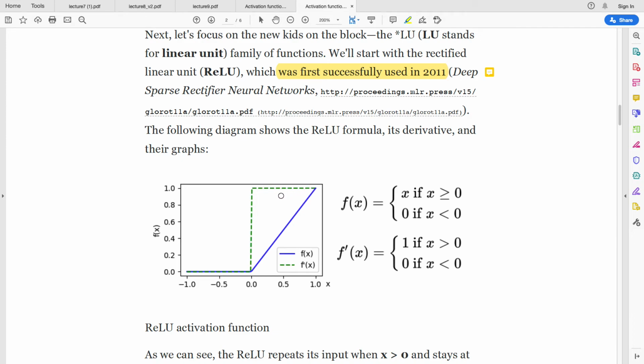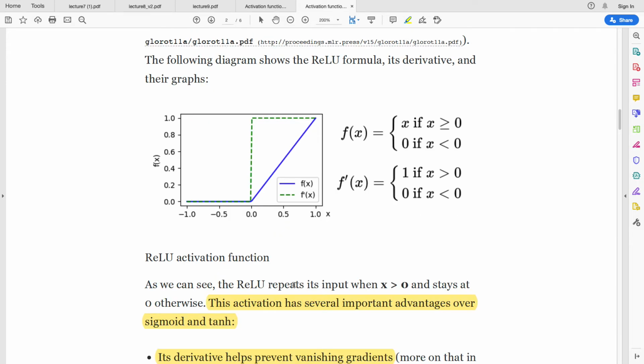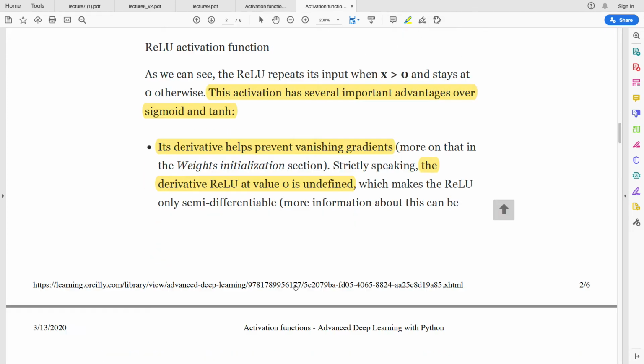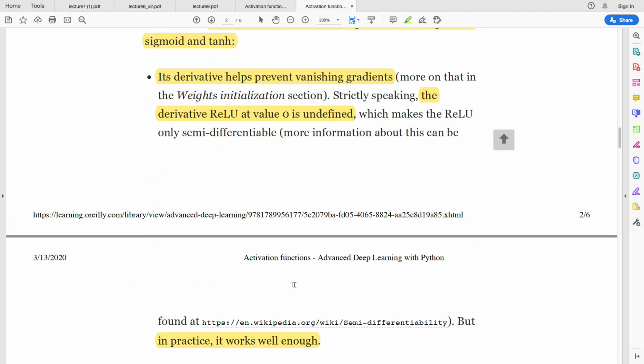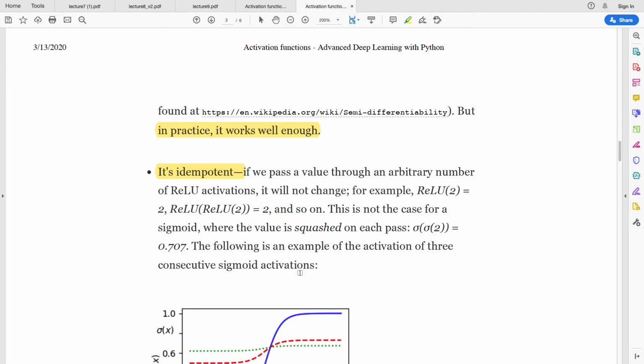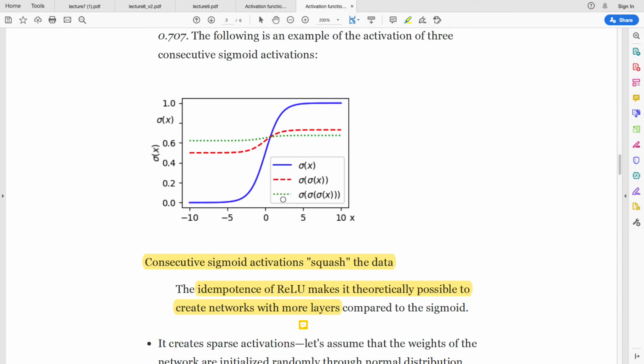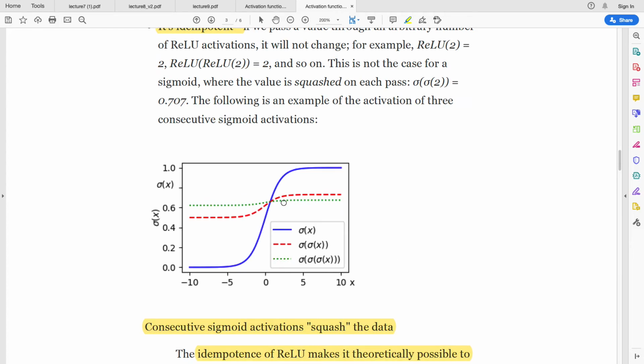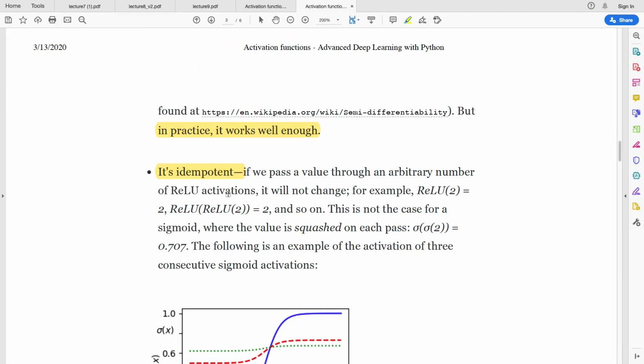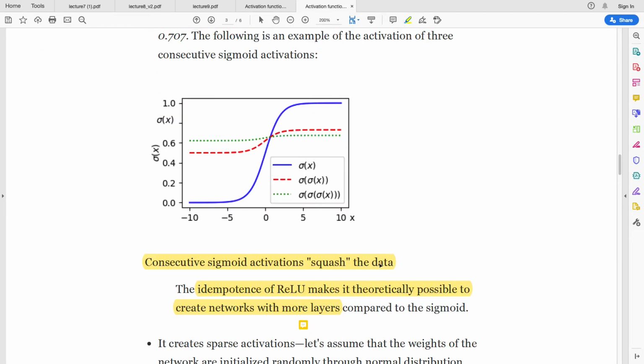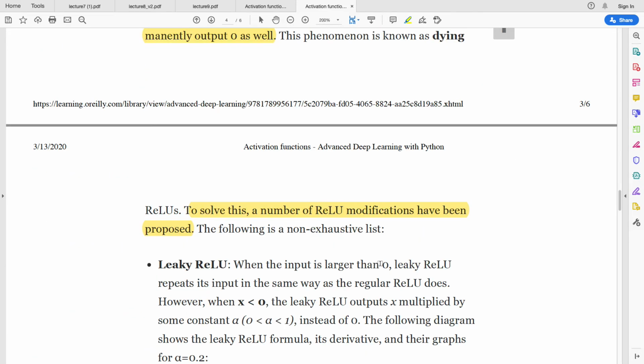So when you do the derivative, you see that on the positive side, when we differentiate, this is how it is. Some important things here also. It's just comparing sigmoid and ReLU, and just what has been mentioned before.